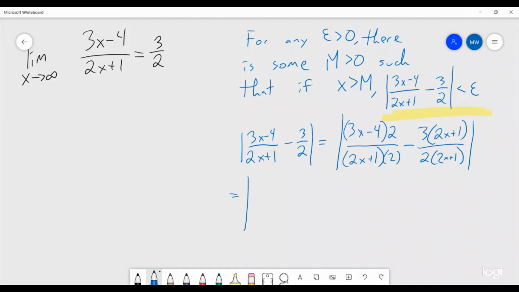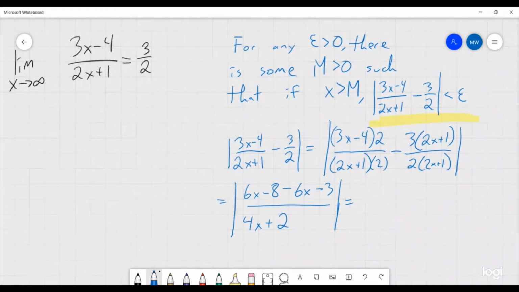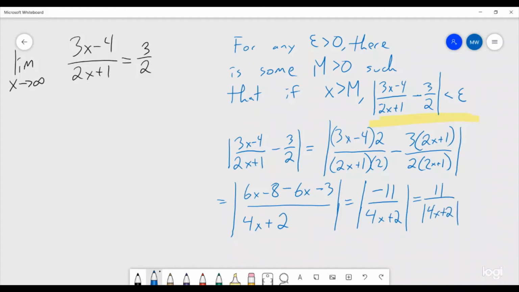That gives us 6x minus 8 minus 6x minus 3 all over 4x plus 2. So this is equal to negative 11 over 4x plus 2. So this is equal to 11 over the absolute value of 4x plus 2, and this is less than epsilon.